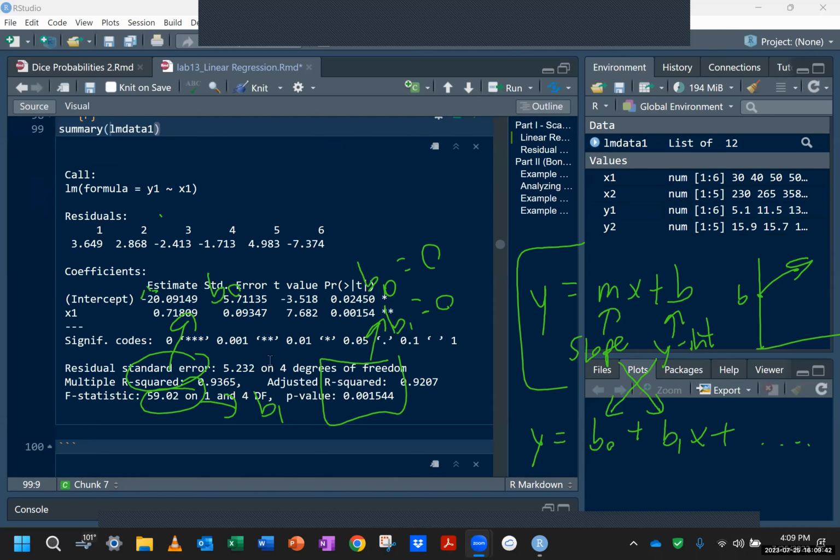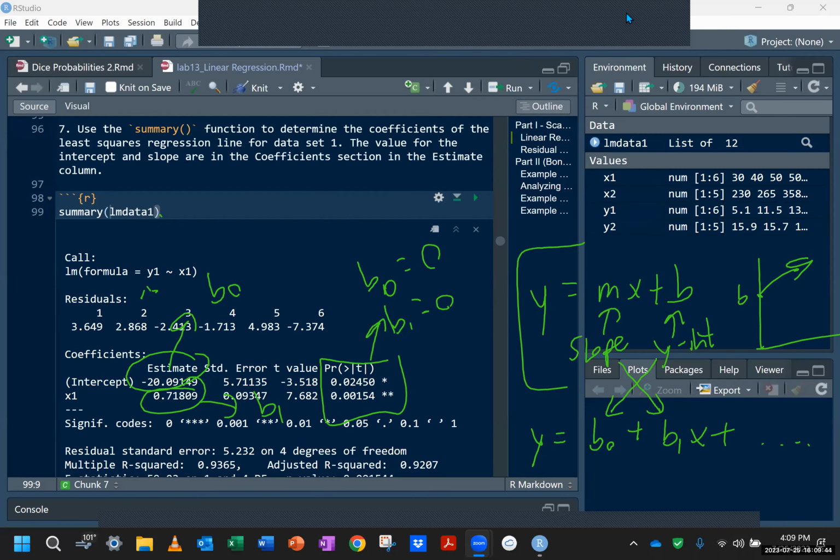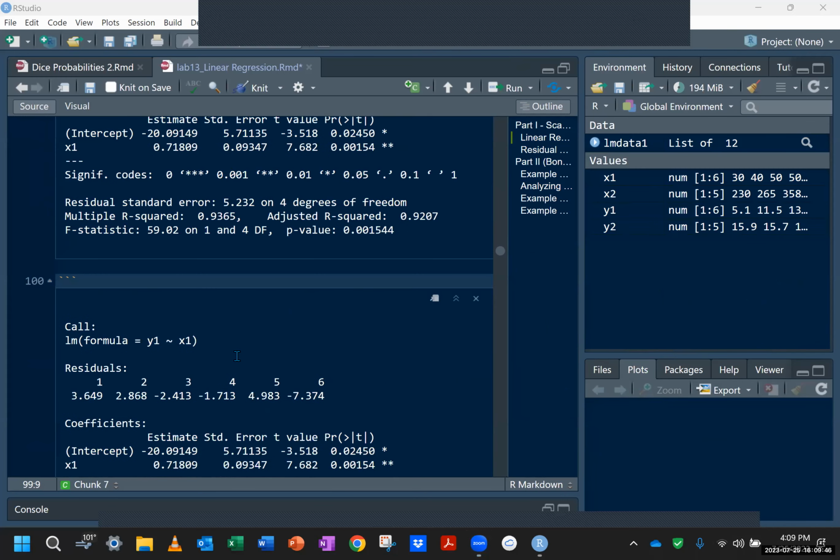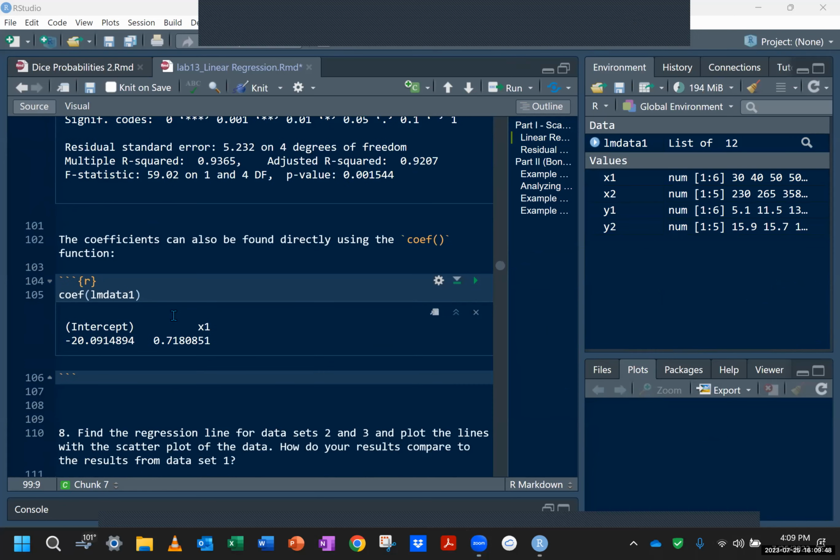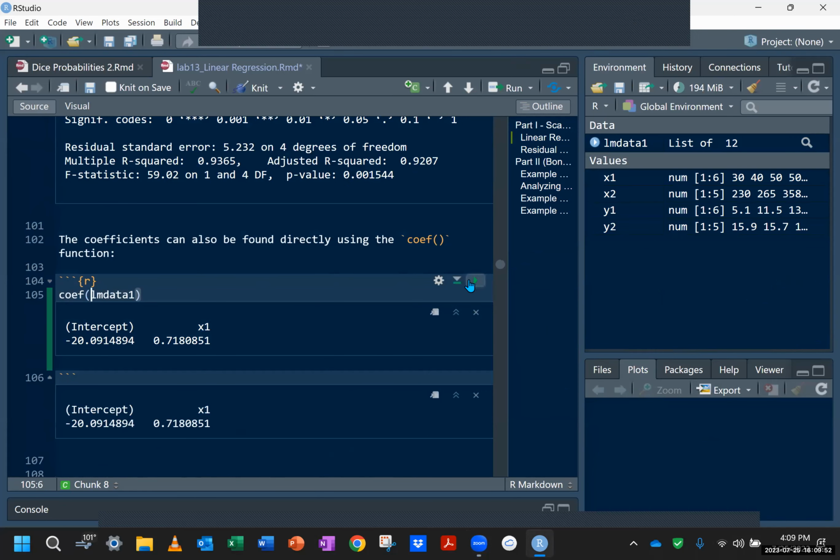And so that's one way to get our coefficients for our model. The other way is to just say coefficients of linear model data 1.